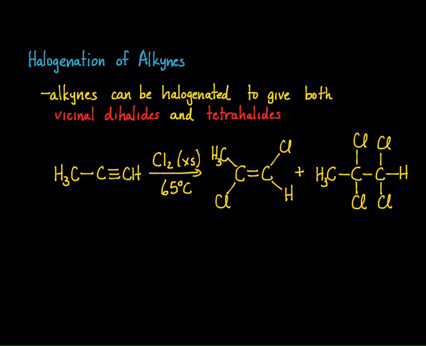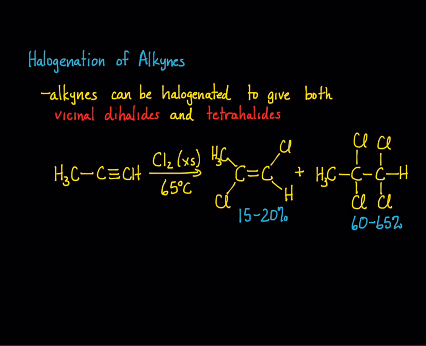And the yields vary. This is a vicinal dihalide, with yields of 15 to 20%, but the tetrahalide is actually the major product, 60 to 65%.